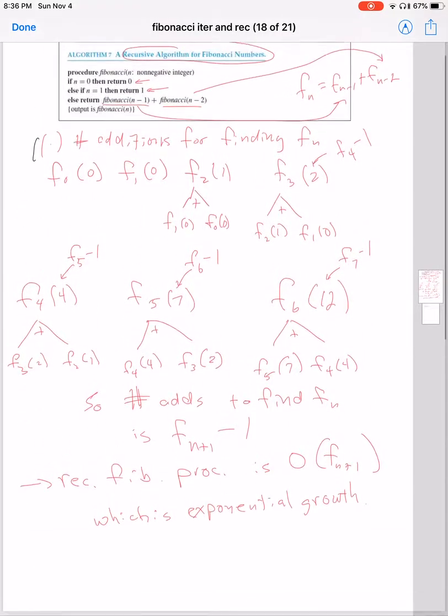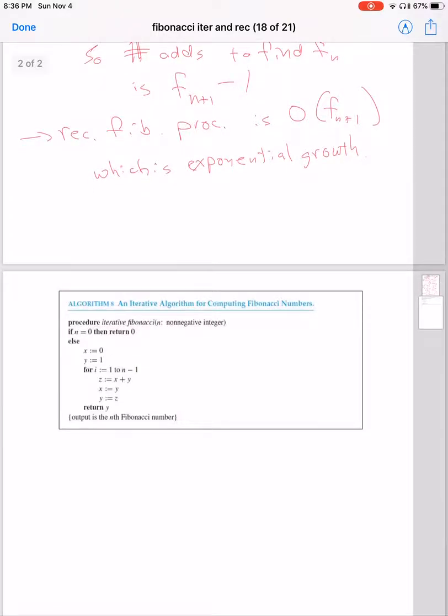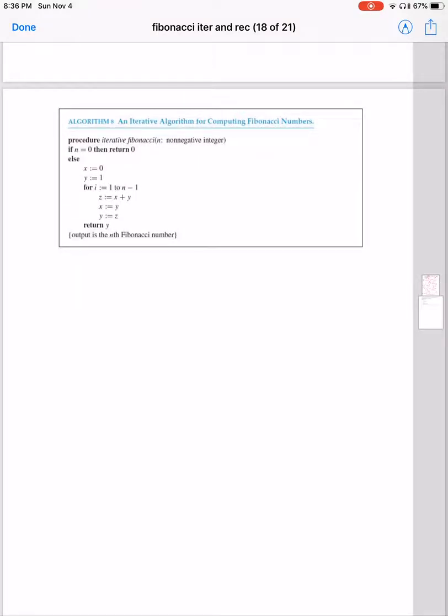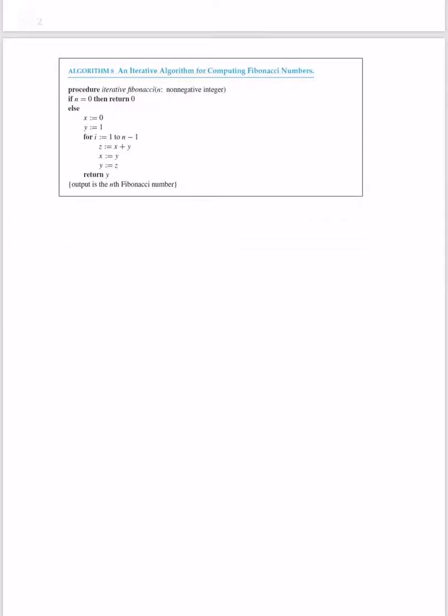Let's take a look at another way that we could characterize the problem of finding Fibonacci n, and that is with what's known as an iterative algorithm. And here we have x equals 0 and y equals 1, a single basis. If we get a 0 in, then we return a 0.